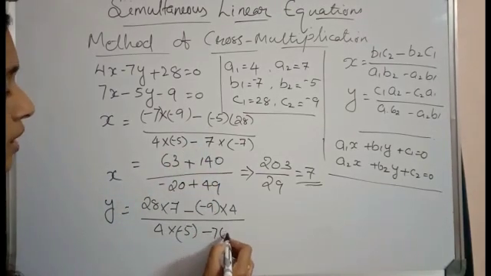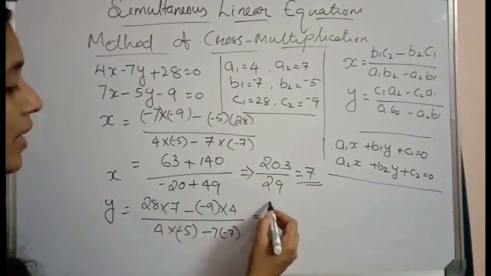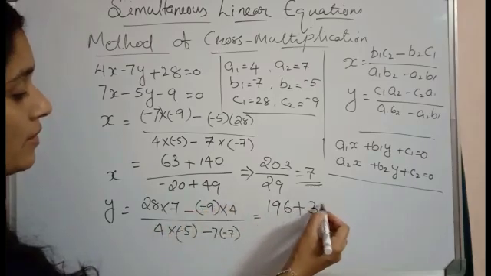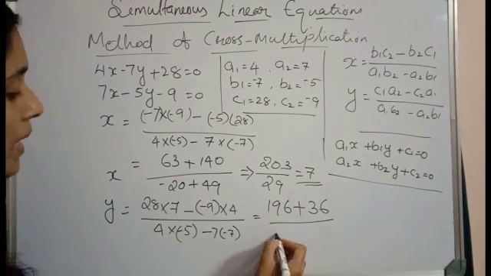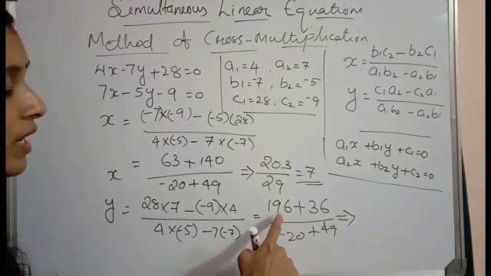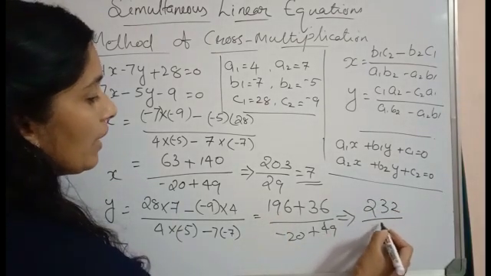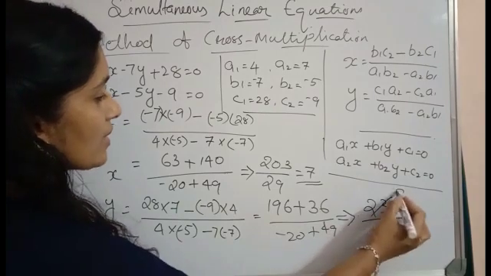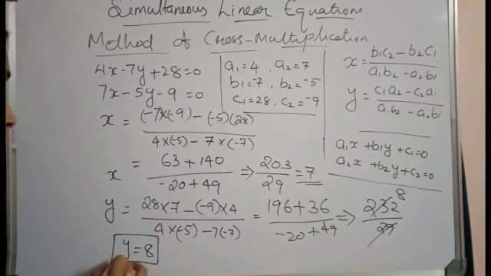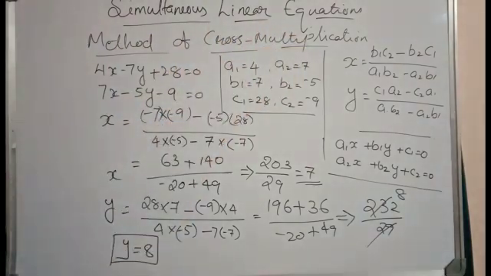So that's equal to 28 into 7 is 196 plus, minus into minus is plus, 36 divided by minus 20 plus 49. When you add 196 and 36, you will get 232 divided by 29. So when you divide these two, you will get 8. So the value of y we are getting is 8. This is how we solve for x and y by using the method of cross multiplication.